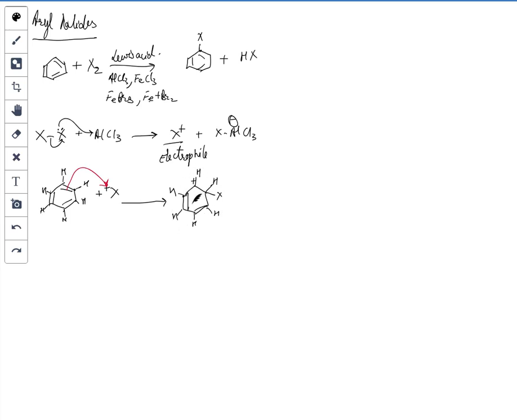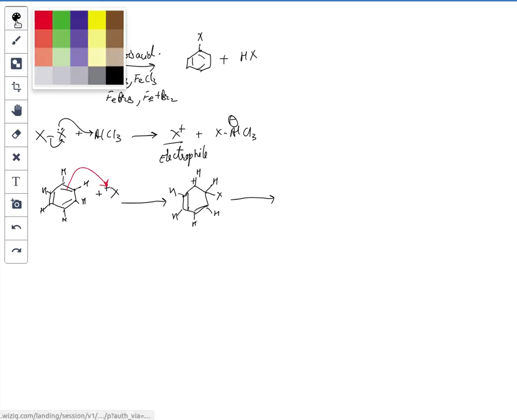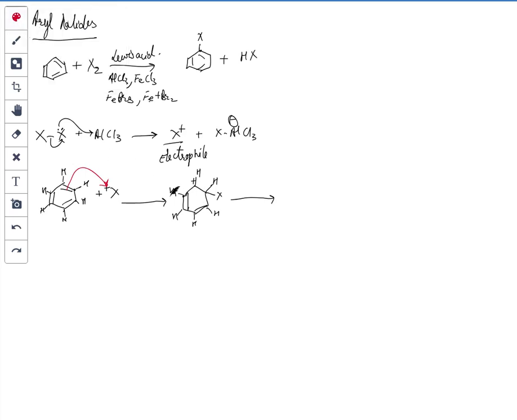Now, there are two possibilities. Either a nucleophile can attack on the positive charge. If the nucleophile attacks on the positive charge, then in that case, this double bond is going to be broken. It is going to be an electrophilic addition reaction. Or the second thing that can happen is that this hydrogen bond breaks apart. In that case, the aromaticity of benzene is going to be restored.